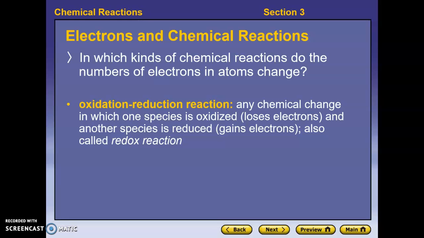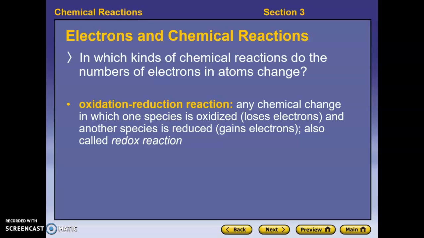Sometimes they're called redox reactions. Anytime there is a chemical change in which one of the species, so one of the elements, is losing electrons, we say it is oxidized. And when the other species that it is combining with is gaining electrons, we say it is reduced.